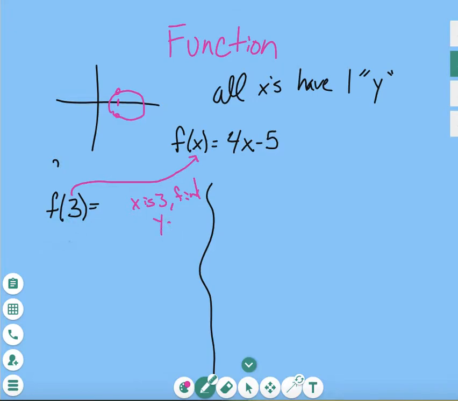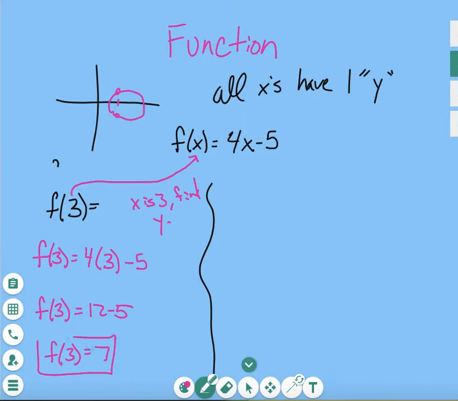How I would do that is plug in the value I've been given, so f of 3. I'm going to plug in 3 where my x was, and then I go through and simplify. So f of 3 would be 7. So that's one type of evaluating, where I plug in a number for x and I find y.